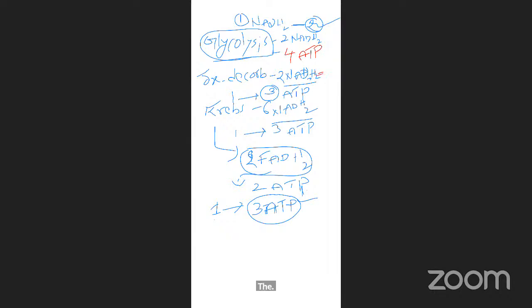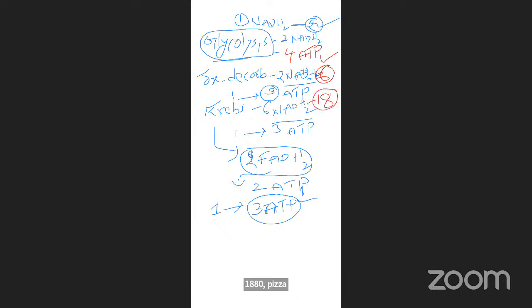What about the Krebs cycle? 6 NADH2, 3 ATP each, so 18 ATPs are formed.